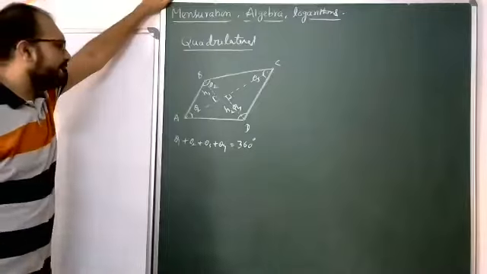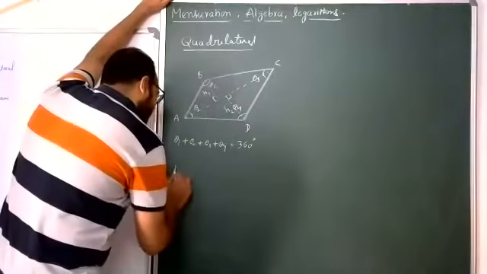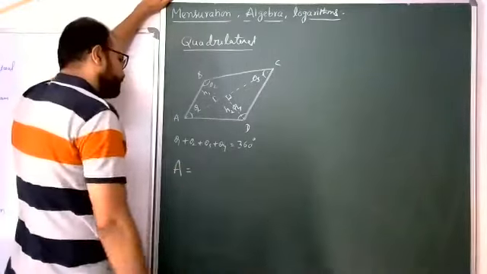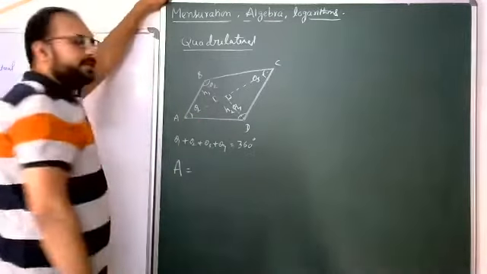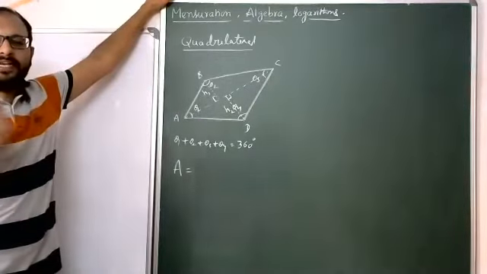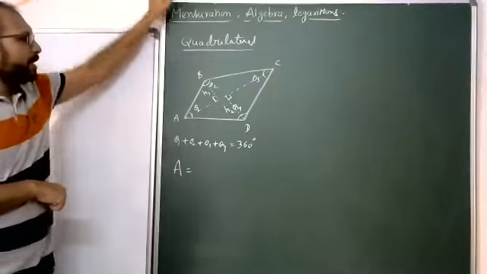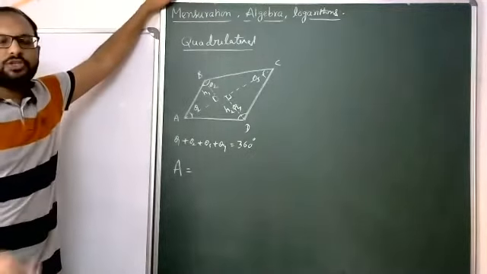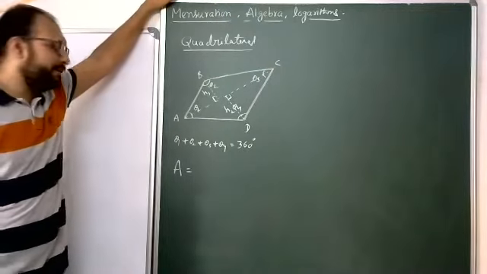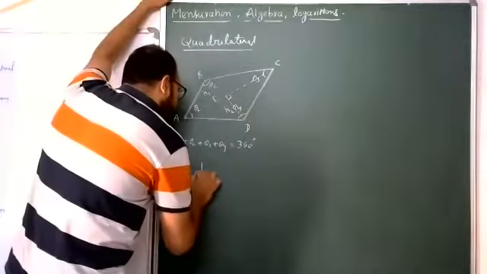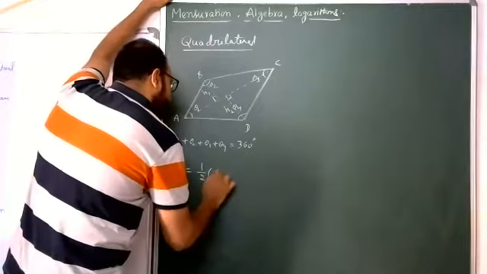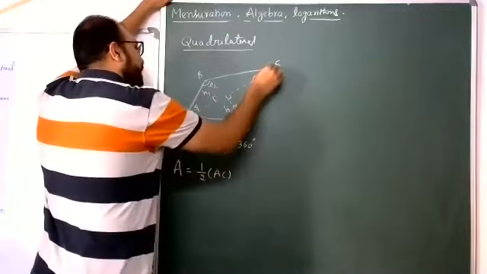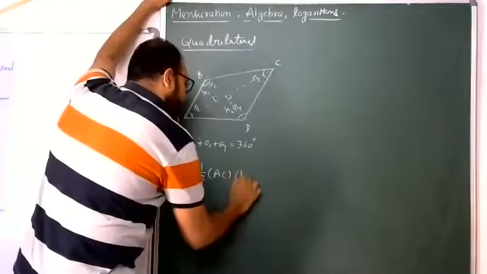Students, this quadrilateral area, A equal to, yes, here, this quadrilateral divided into two triangles. This is one triangle, this is another triangle. So just now triangle area completed. So now half into AC, this diagonal length into H1.